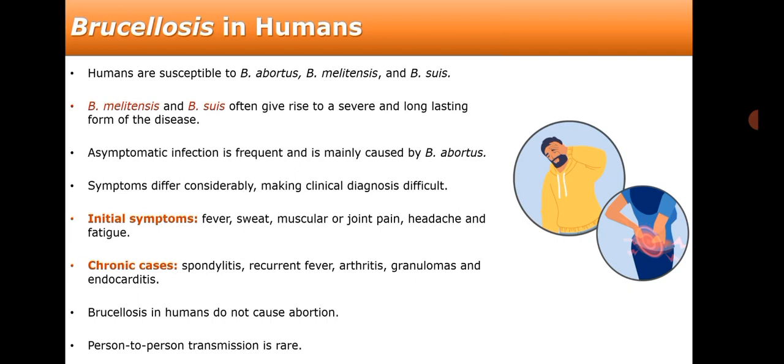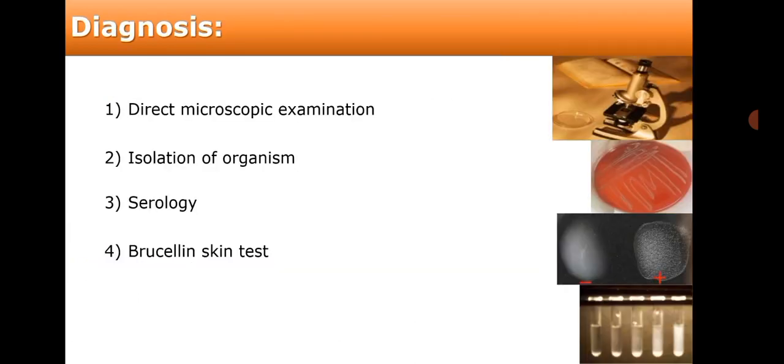Diagnosis of brucellosis includes direct macroscopic examination, isolation of the organism, serology, and the brucellosis skin test. Direct macroscopic examination. Impression smears are made from colonies or specimens, that is cotyledons, aborted fetal stomach content or spleen, uterine discharge, etc. They are stained by the Gram stain or by modified Ziehl-Neelsen stain.